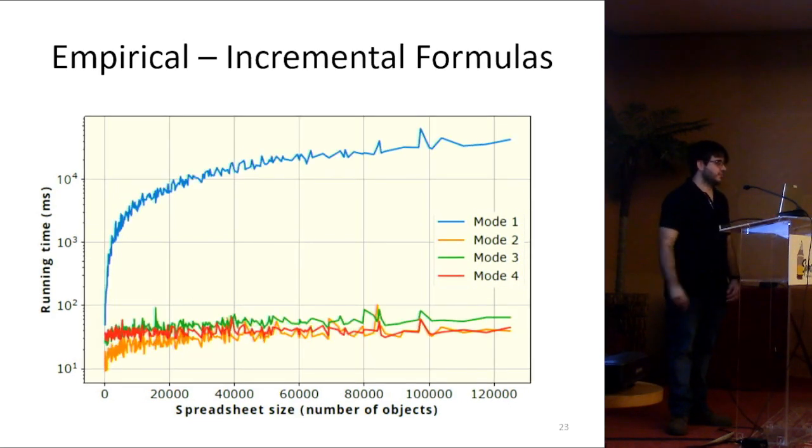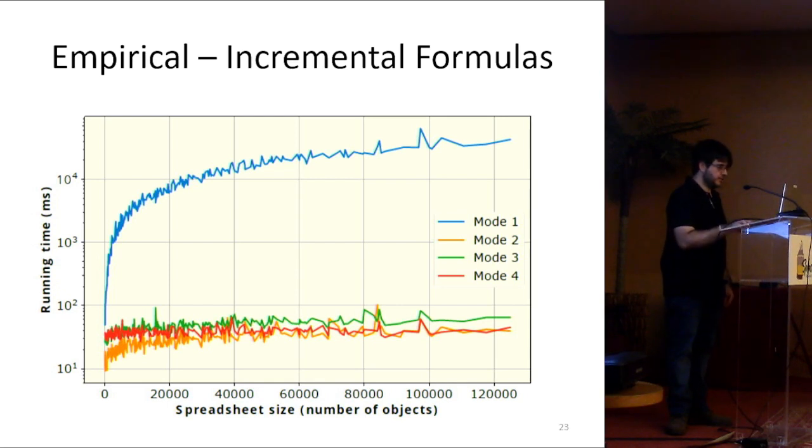So here we added incremental formulas, and then you can see that mode 3 is slower than mode 4. That means that the delta computation saves us some time. You can also see that mode 2, the graph of all cells, is also very good in running time.